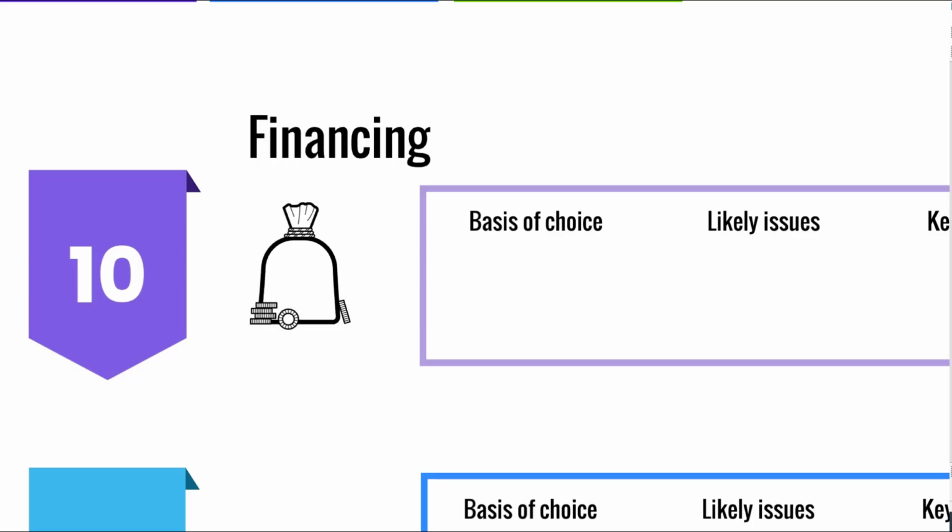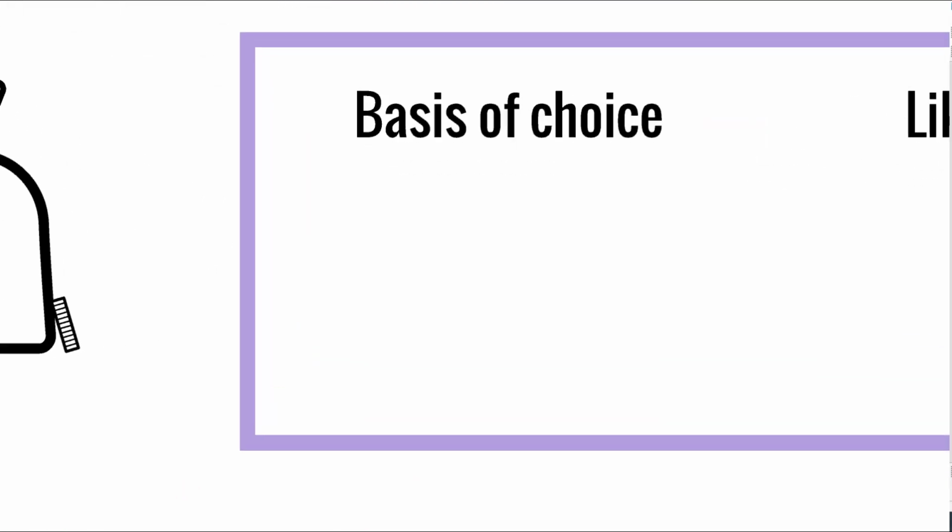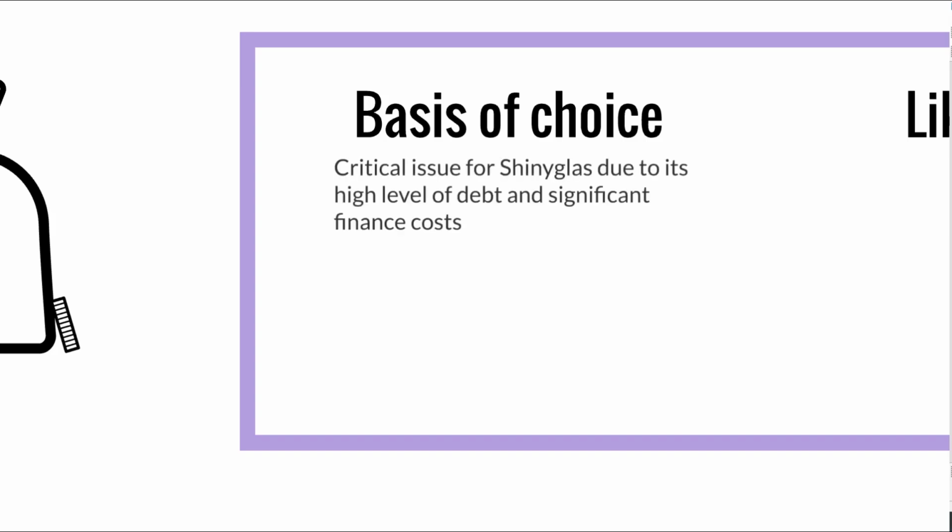Financing. So why have we chosen financing? What's the basis of choice? Okay, so I've chosen it for a number of reasons, really. The first is that financing is a really important issue for Shinyglas. In video 5, we saw high levels of debt and finance costs, and obviously that affects other elements, such as the ability for Shinyglas to invest in growth opportunities.